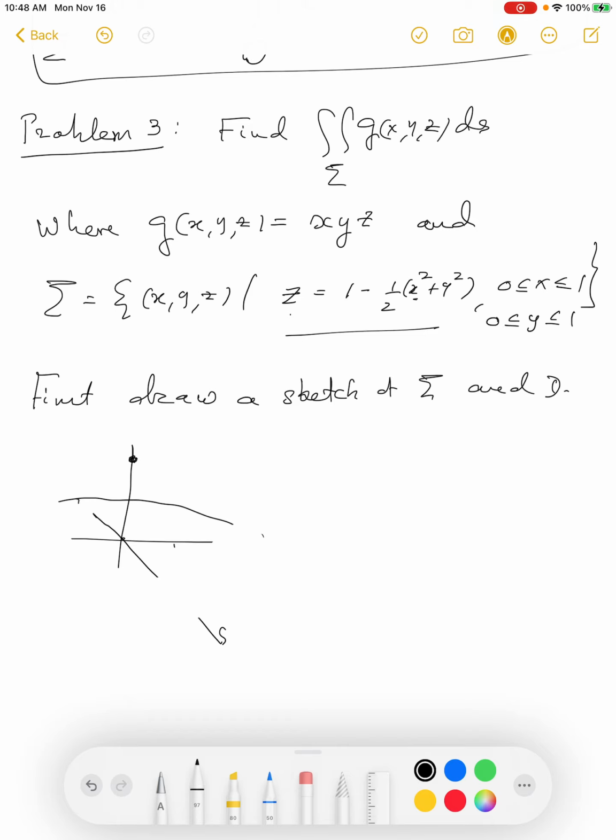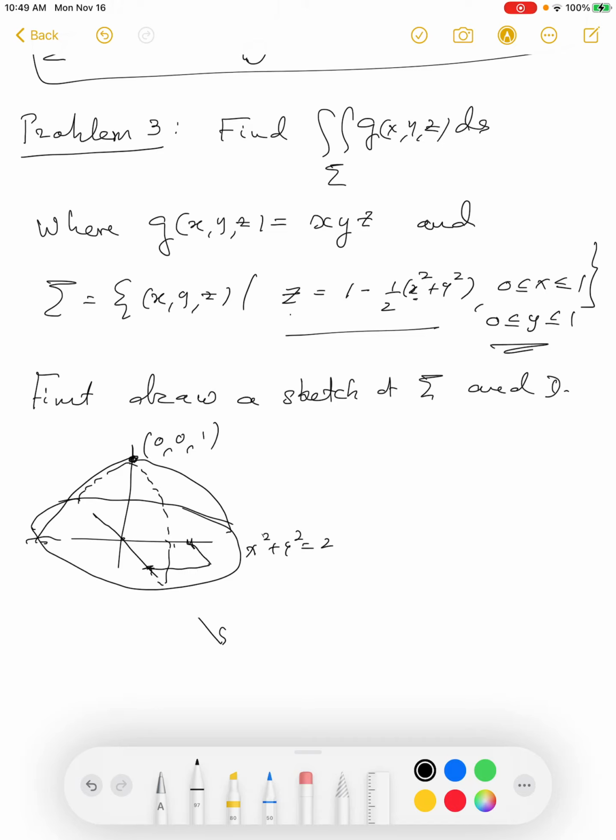Let me draw a better one. And so it is going to be something like this. This is x square plus y square equal to 2. This is 0, 0, 1. And now I'm taking x and y between 0 and 1. So I'm taking a square here. And I'm looking at the patch which you get here on the top. Do you see this patch?